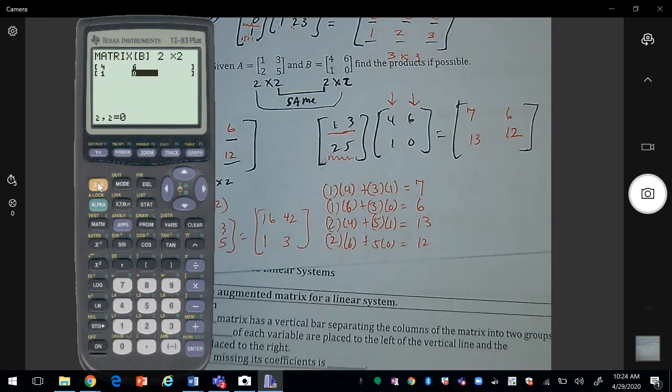Now if I check them, notice I have my 2 matrices here. So now we can do any operation. Let's say we want to add these: second matrix A plus second matrix B. Then I press enter, and that's our result.